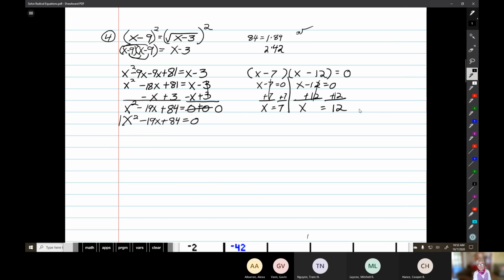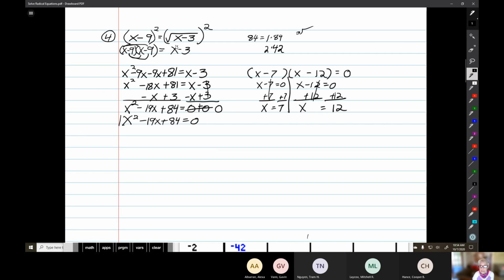So that means I have two possible answers. There are now a number of possibilities. One possibility, both of these answers check. Another possibility, neither of the answers checks. A third possibility, one checks and one doesn't.